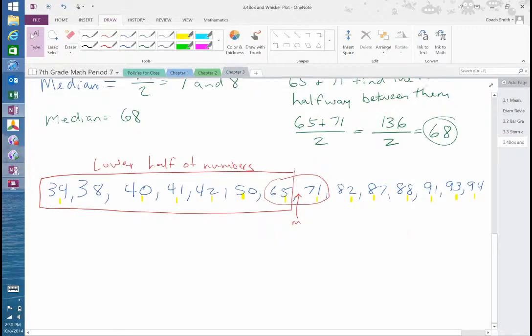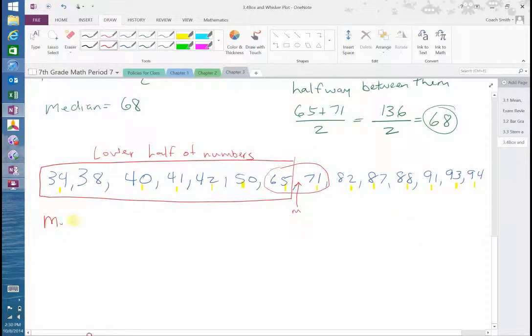So I have to find the median of the lower half of numbers. And we call this the lower quartile.